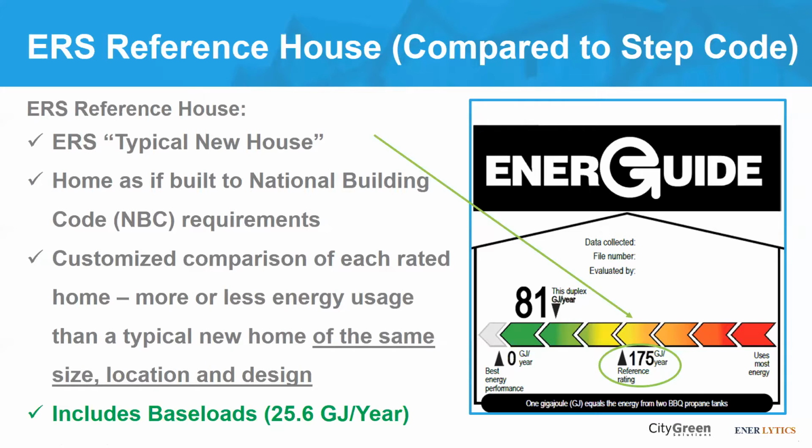And it's a customized comparison of each rated home, more or less energy usage than a typical new home of the same size, location, and design. And in this rating, it includes the base loads for the home, which in the EnerGuide rating system is 25.6 gigajoules a year. So that 25.6 gigajoules per year is integrated into that 175 gigajoules reference rating number.